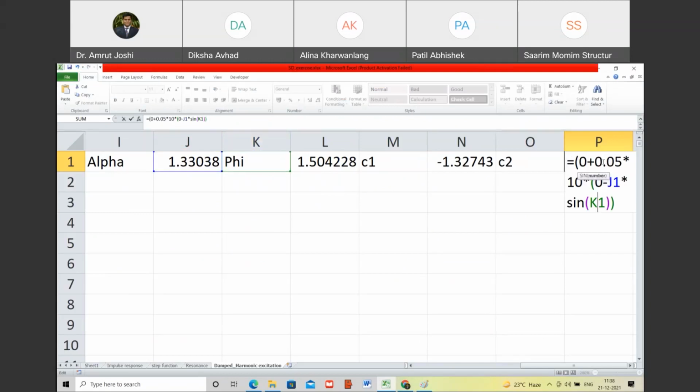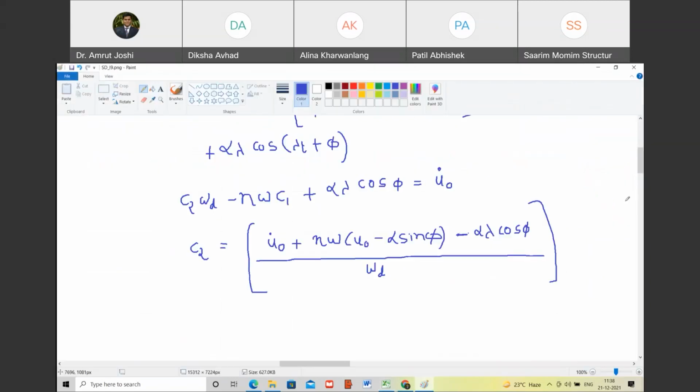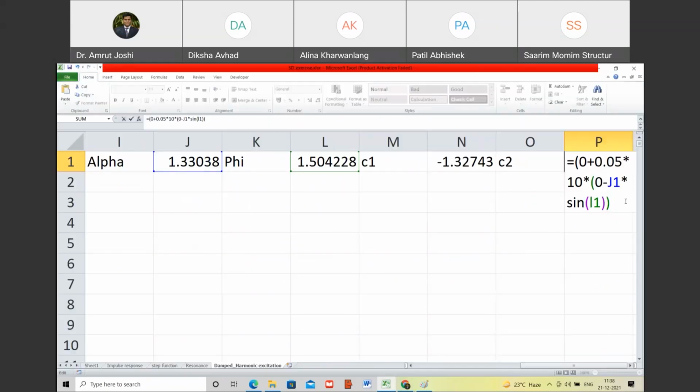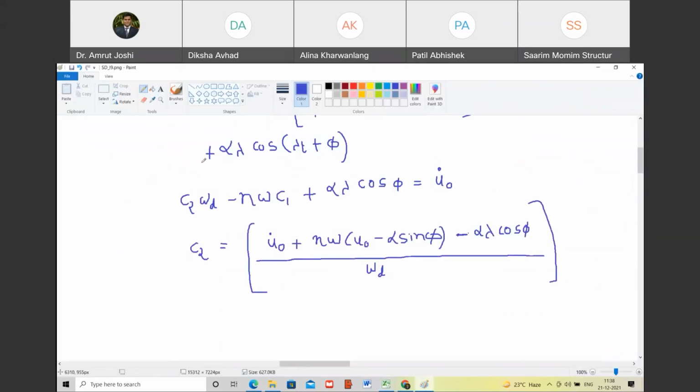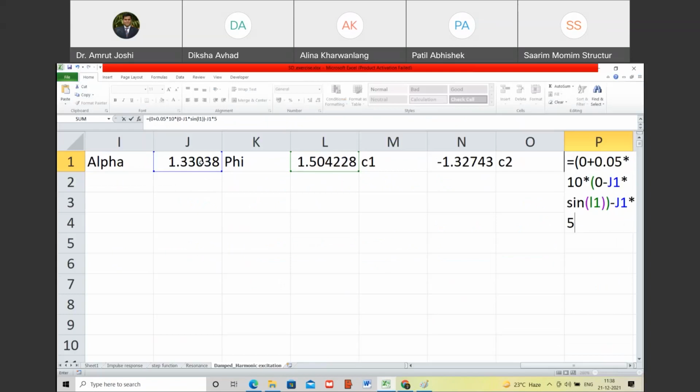Yes, in place of K1, and then from that I have to subtract minus alpha into lambda. Lambda is 5. Alpha lambda cos of phi. Cos of, where is phi? Cos of phi.